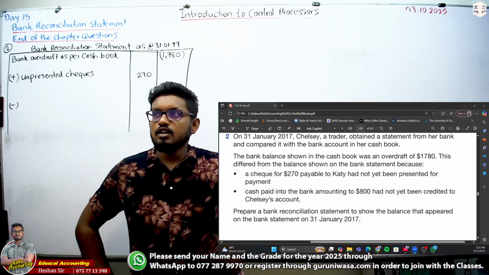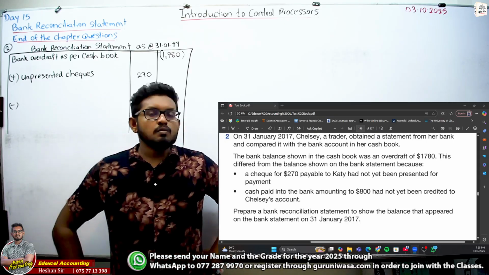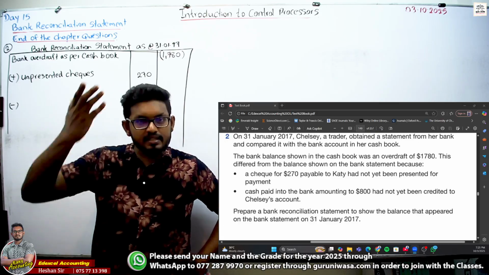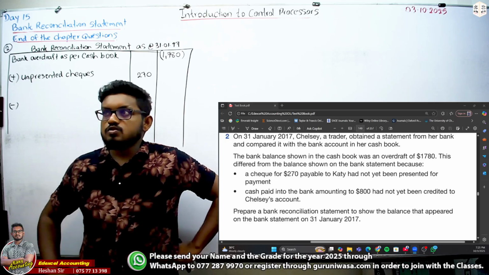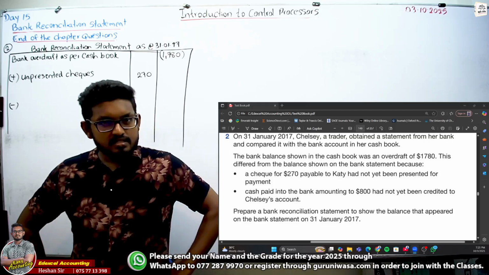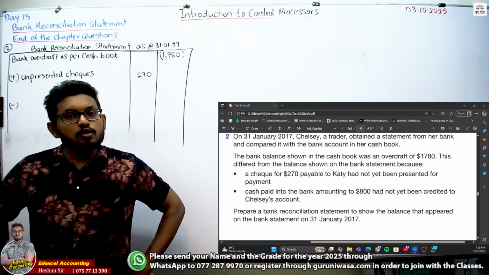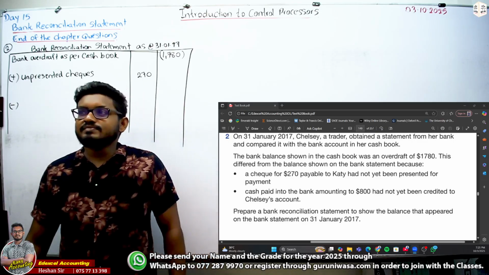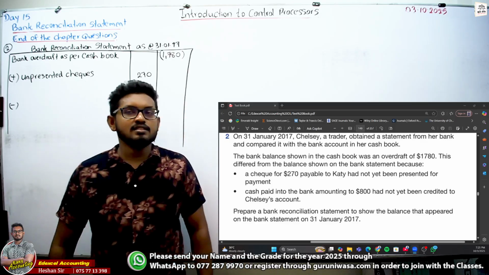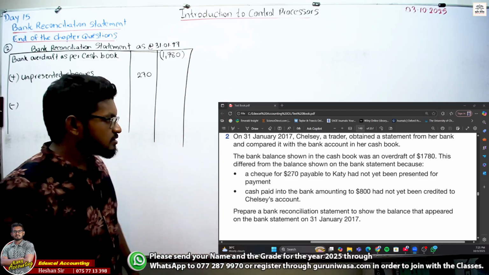So 800 has not been credited to Chelsea's account. When the owner invests money, the owner's account should be credited because the owner's ownership and capital increase. So the bank should be debited, meaning the cash book bank column. That is already done. But it was not credited to Chelsea's account.